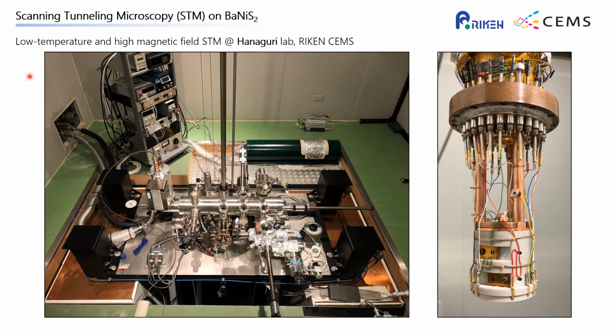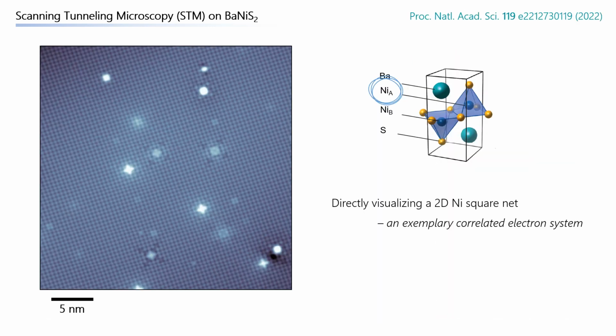In this work, we used a low-temperature scanning tunneling microscope, or STM, to image the cleaved surface of a barium nickel disulfide crystal. So on the left here is an STM topography image of that surface. In barium nickel disulfide, the electronic density of states near the Fermi level comes almost entirely from the nickel atoms.